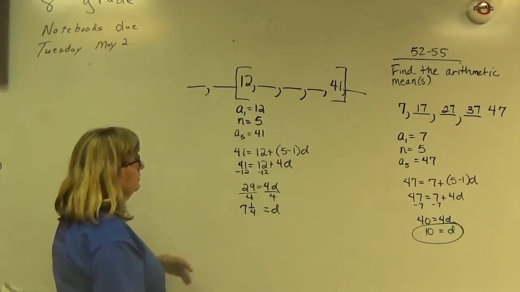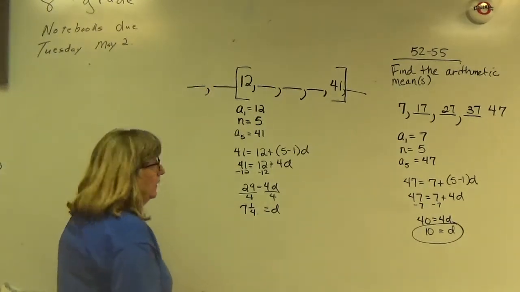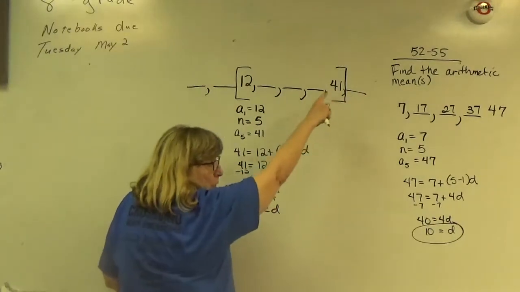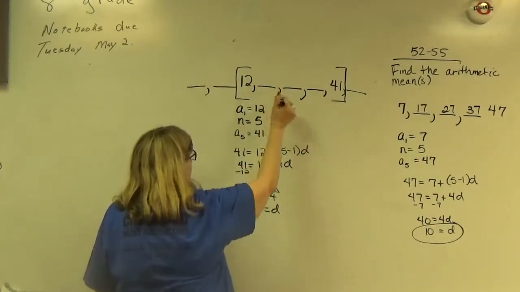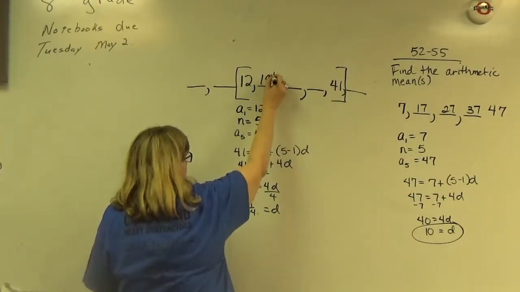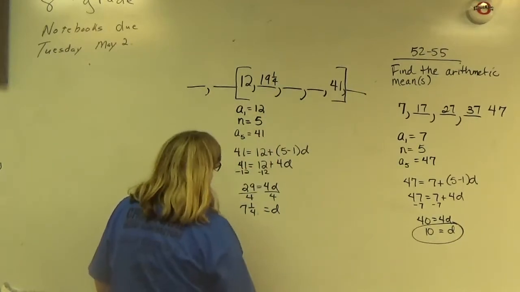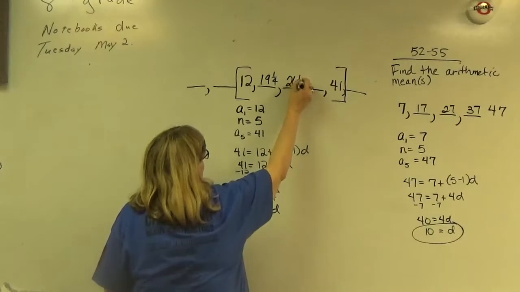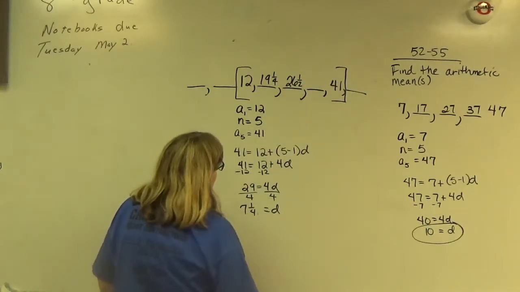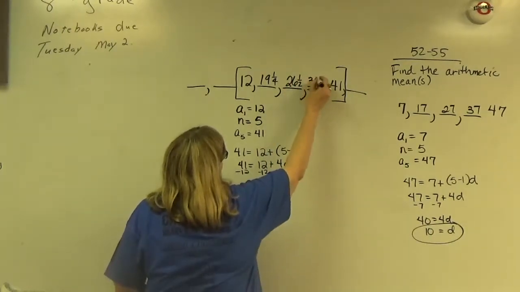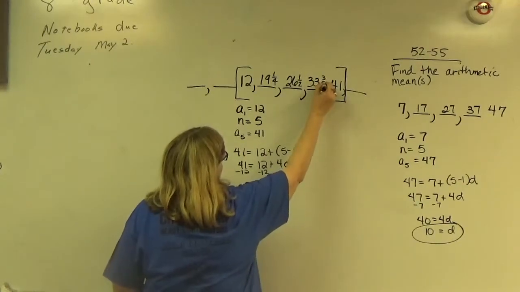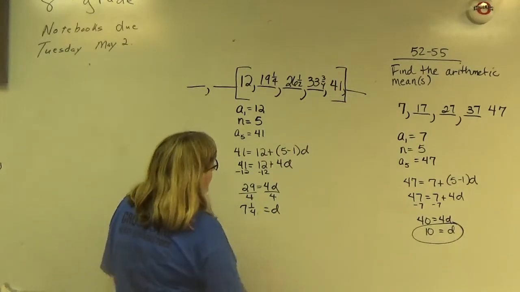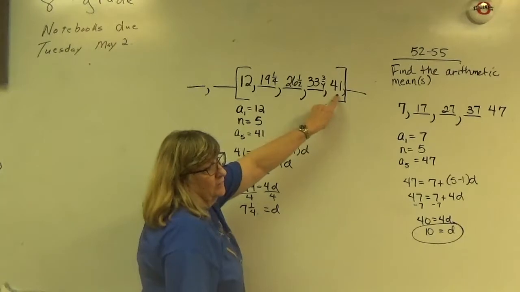So now, what would I do to find out what's in the blanks? You add. Obviously, I know how I can get this one pretty quick, right? Add 7 1/4, so I'm going to get 19 1/4. Add 7 1/4 again, so it'd be what, 26 1/2? Add it again, 33 3/4, and if I add it again, what do you know that ends up in?